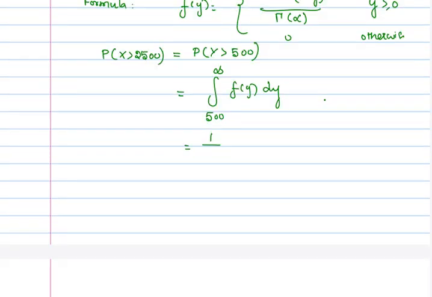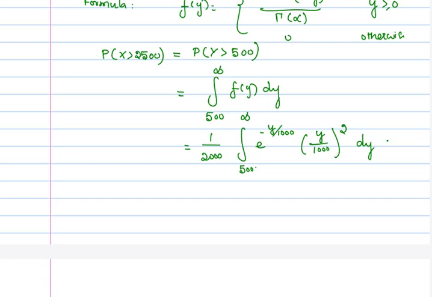So we get 1 over 2000, because gamma of 3 is 2 factorial, times the integral from 500 to infinity of exponential of minus y over 1000 times y over 1000 the whole square dy. This is the way I write it.